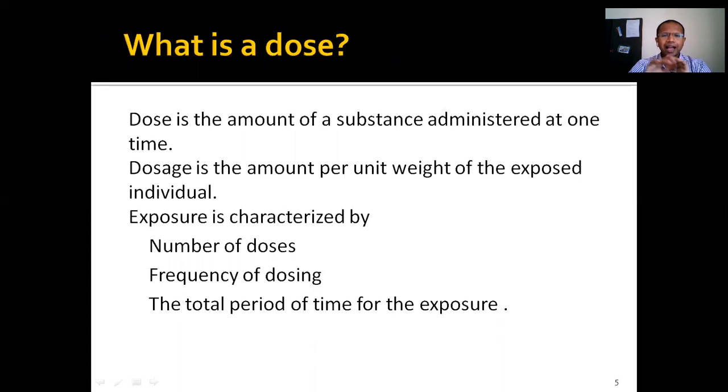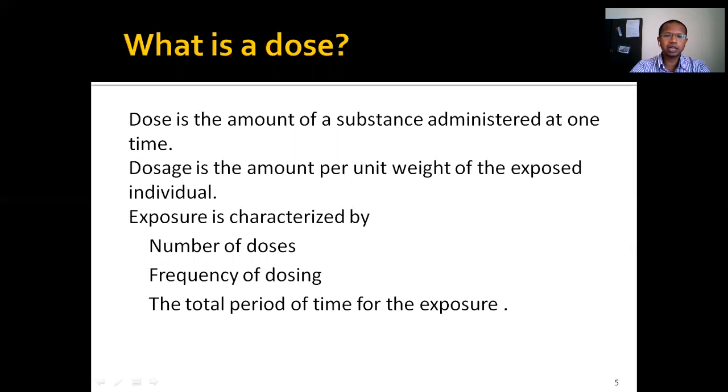So we determine based on the minimum dosage that we can administer. If we know that 1 milligram can be given to the mice, we will take 1/100th or 1/1000th of that dosage and start our experiments, to see whether it can express the effects at that dose also.